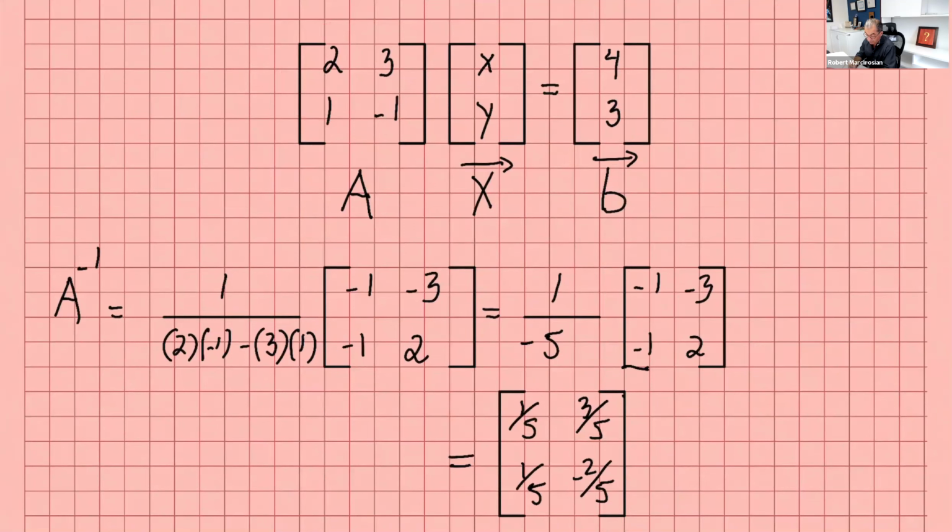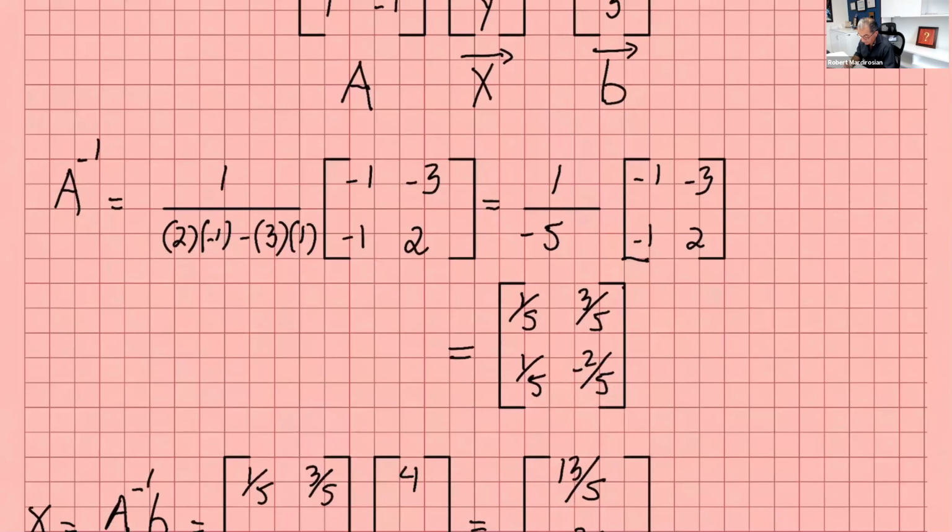It's again 1 over (that times that minus that times that), and change the places of the diagonal entries and put negative signs on the others. So please check the formula again. If you do that, that's the inverse.